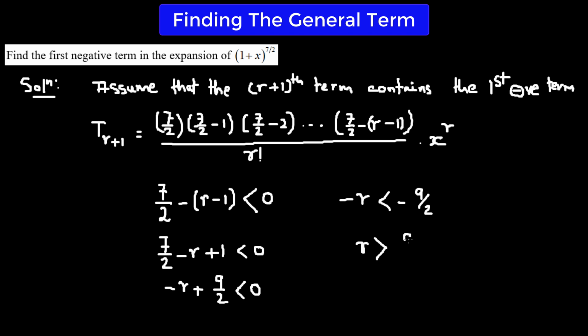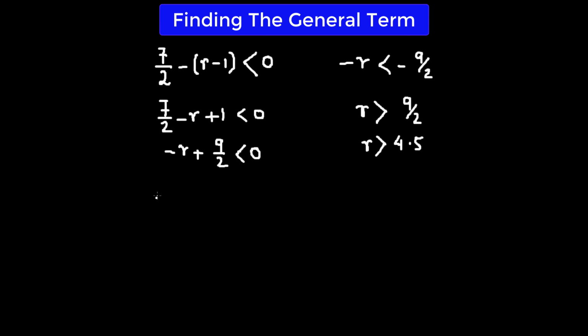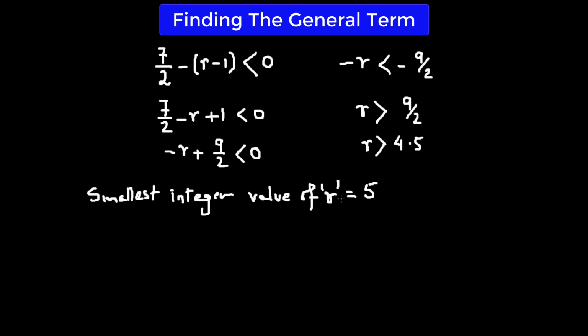So we have r greater than 9/2, and 9/2 is 4.5. So the smallest integer value of r, which is just greater than 4.5, is 5. So the value of r is 5.